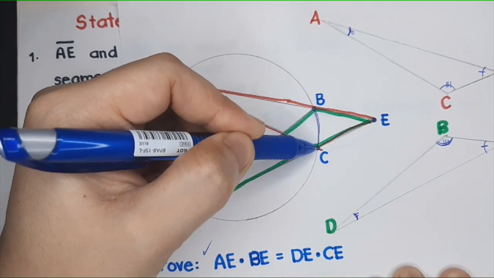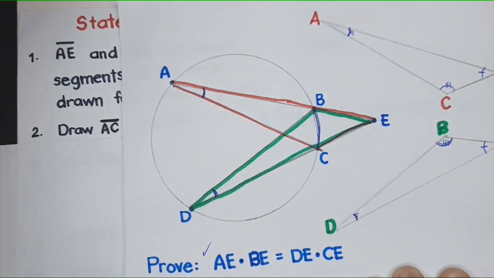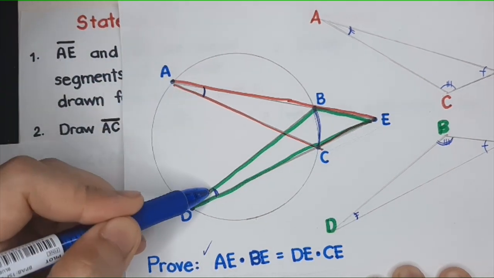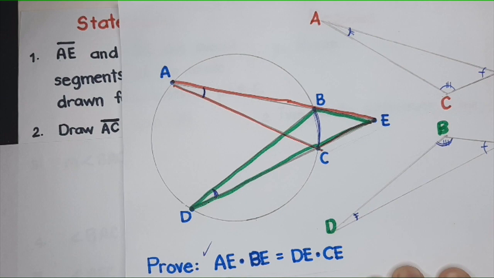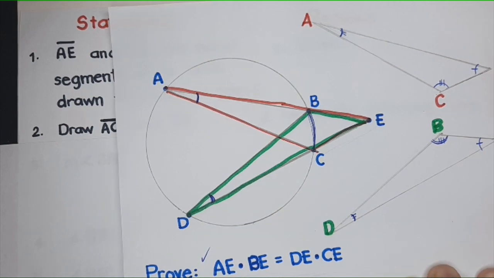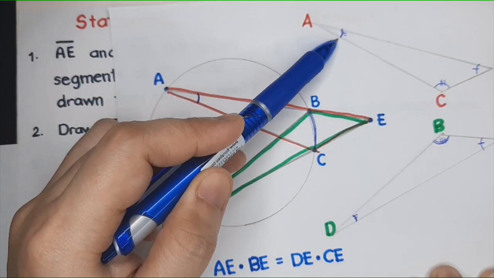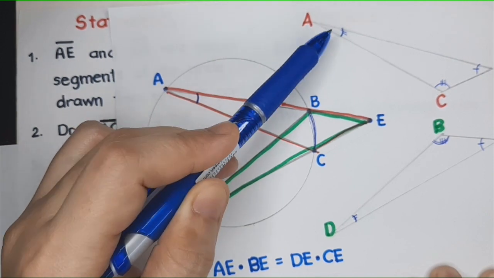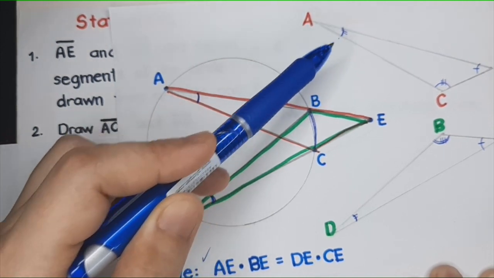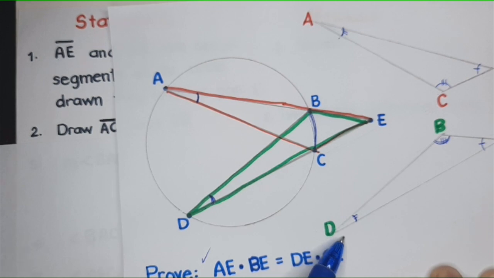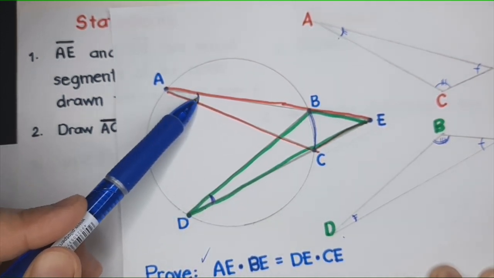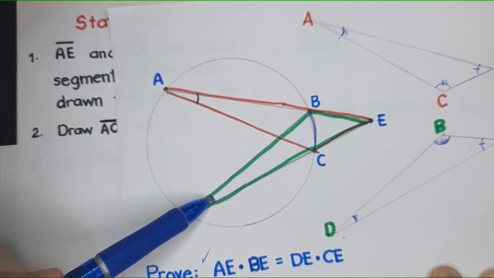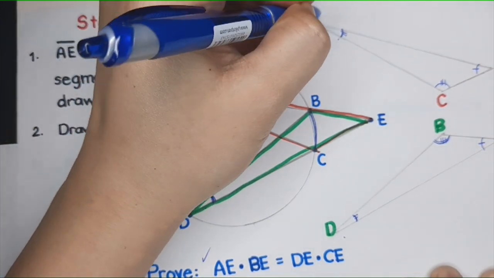Ito oh. Okay? So since they intercept the same arc, these two angles are congruent. They have equal measures. So, tapos na tayo dito sa part na to. Okay? We're able to prove that the measure of this angle is equal to the measure of this angle, justified by these two inscribed angles. Yeah? Okay, so tapos na tayo dito.